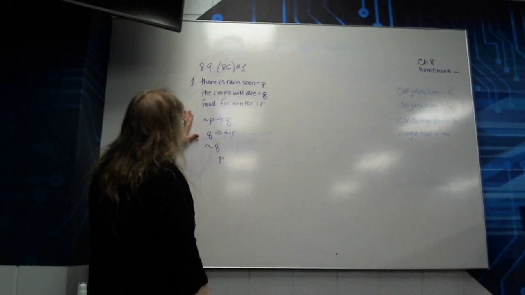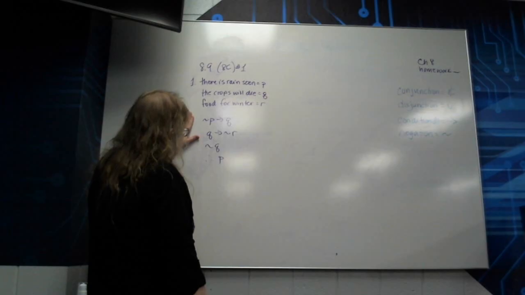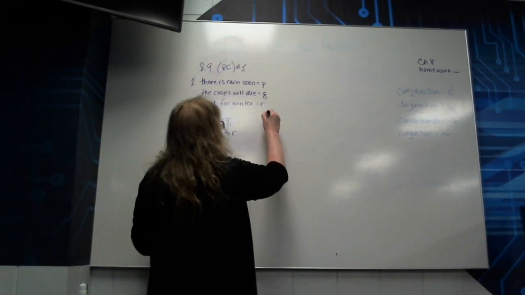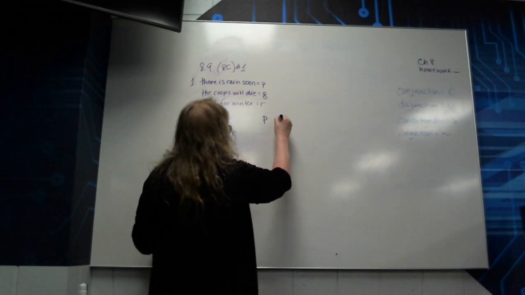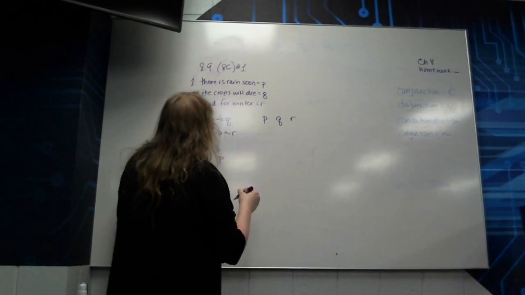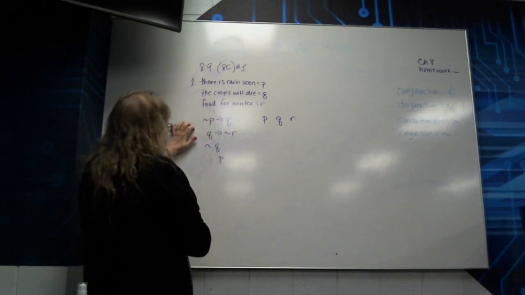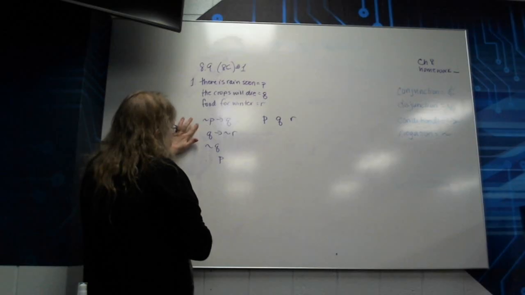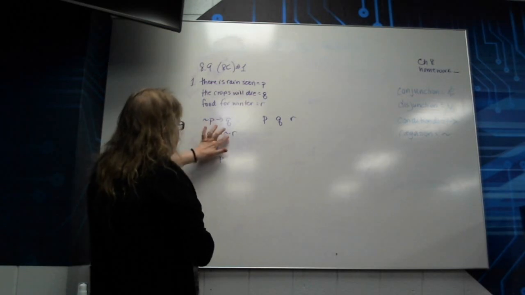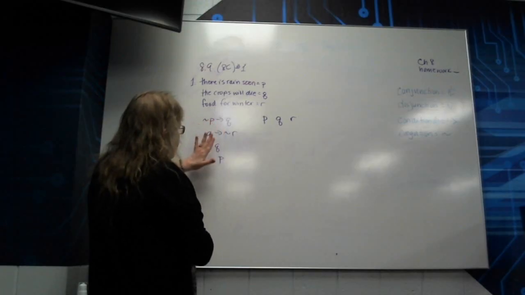Okay, so we have our argument. I think I can put it all over there. I might erase some of that stuff. So I'm going to do normal P, Q, R. Now I don't have any parentheses, but I do have negations used inside with conditionals. So I'm going to make lines for P and R as negations so that when I get to this part, I can just do it.